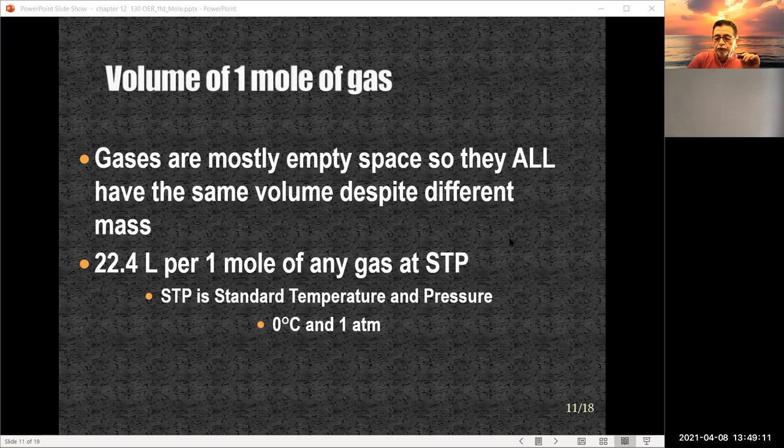Anyway, at approximately 1 atmosphere, which is about what we have here, and at 0 degrees, 1 mole of any gas, whether hydrogen gas or any gas at all, occupies a volume of 22.4 liters, okay, 22.4 liters. Let me go back to the slide.